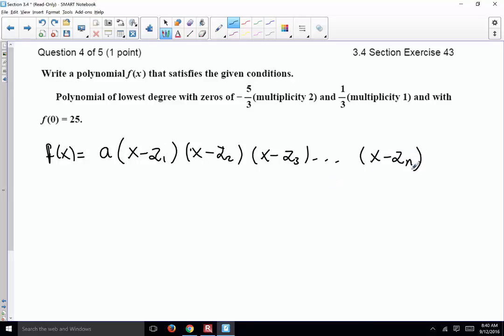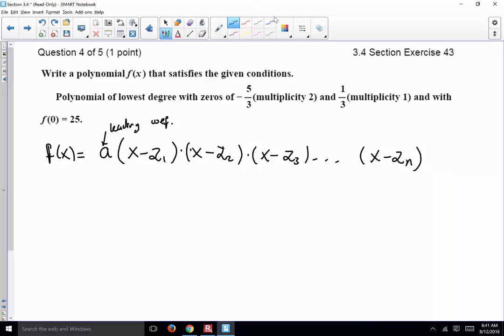If it has n zeros, you just simply take the opposite of those zeros and combine with x, build each factor, multiply, and finally put a number in front. It's called the leading coefficient. That's how you build a polynomial from its zeros. If you know the zeros, the only thing you need to do is enter them. If you have n zeros, you have n many pieces.